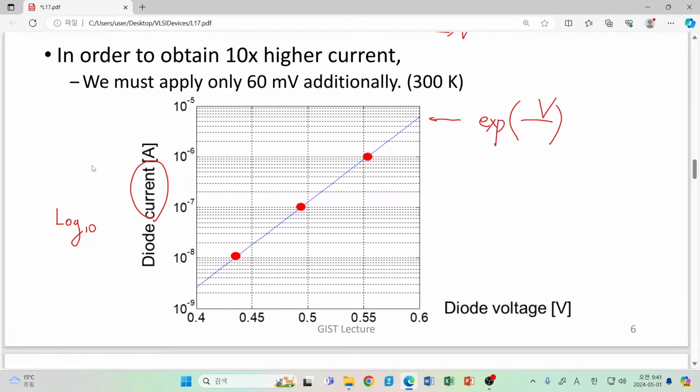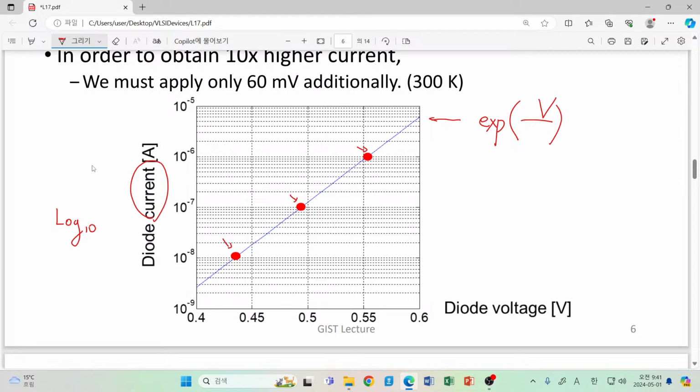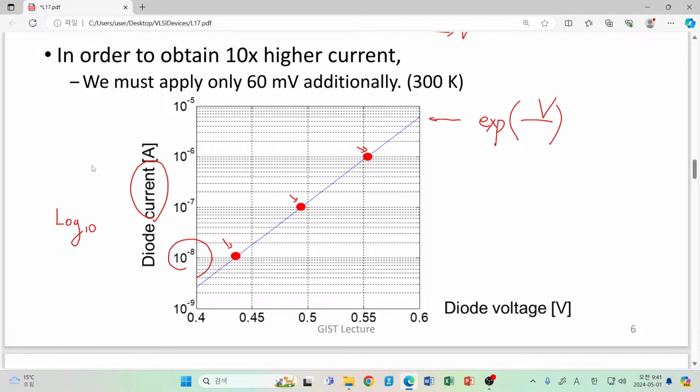I think most of you already understand this, but if you don't remember, I want to emphasize it once again. There is a very important point shown here. I have introduced these red dots to indicate the points where we have 10 times higher terminal current. For example, this red dot is assigned to 10 to the minus 8, and this second dot corresponds to 10 to the minus 7.